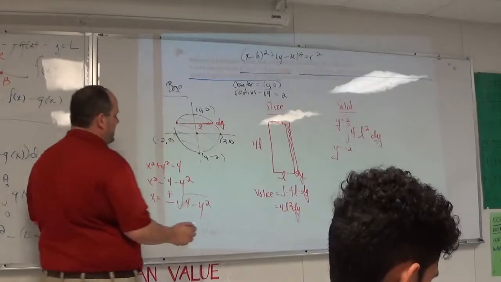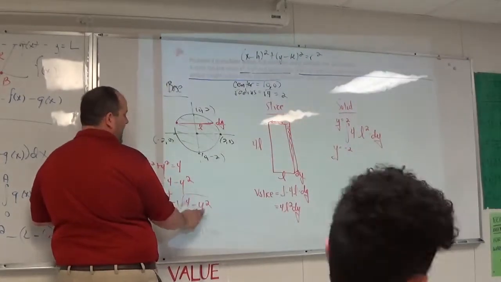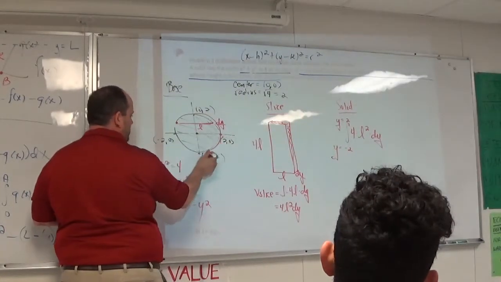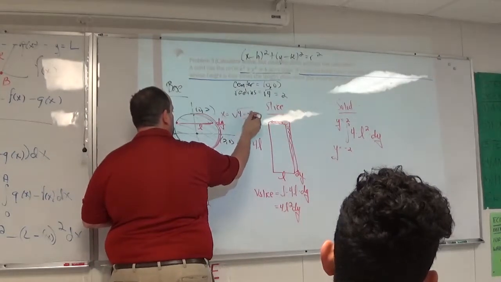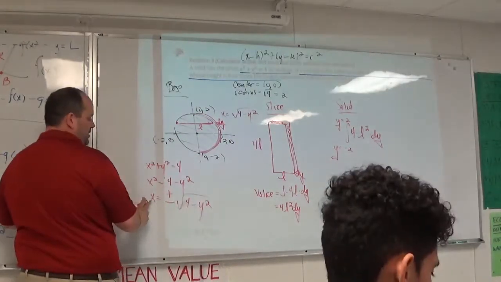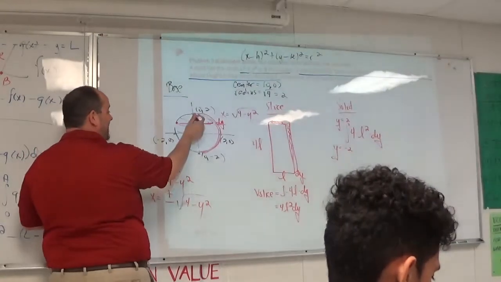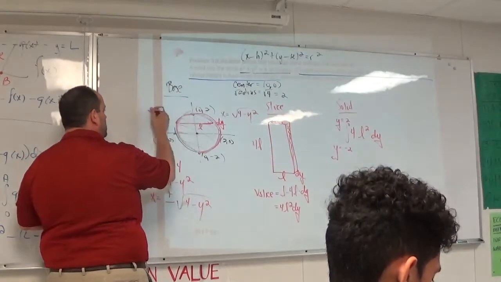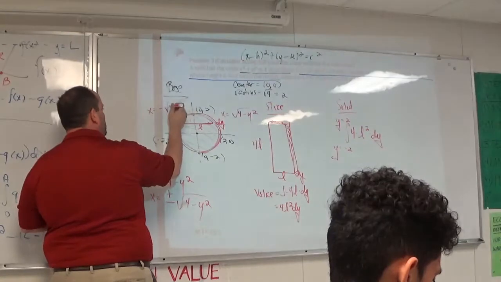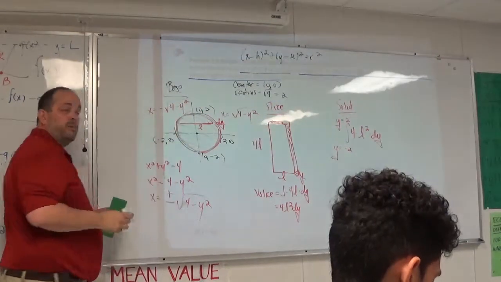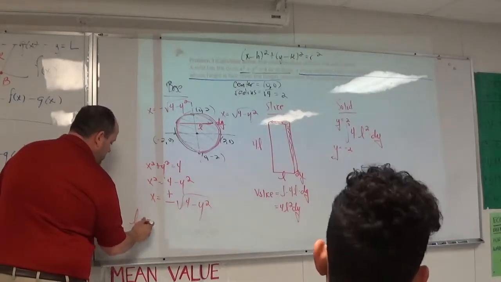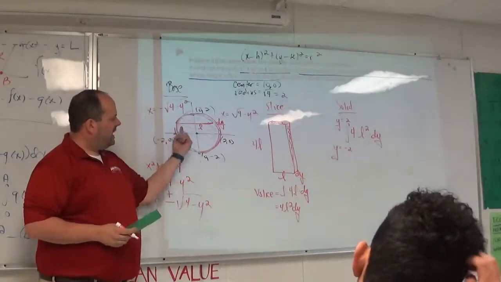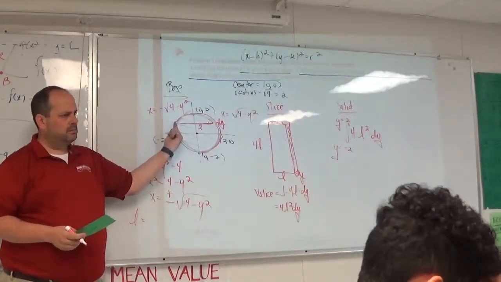Now we've only got 1 minute. x equals positive square root of 4 minus y squared is the right part of the circle. The left part of the circle is where x has the negative values. So x is the negative square root of 4 minus y squared. How long is L? Well, L goes from this side to that side.